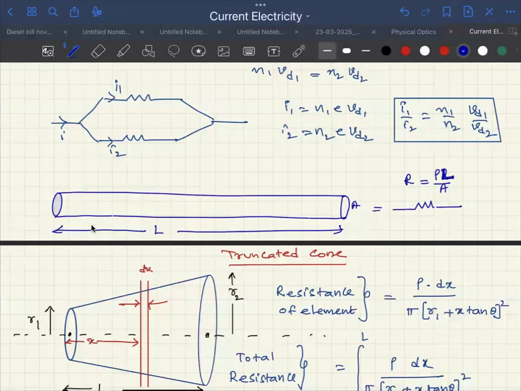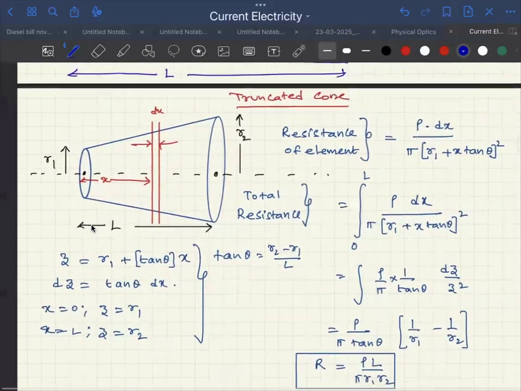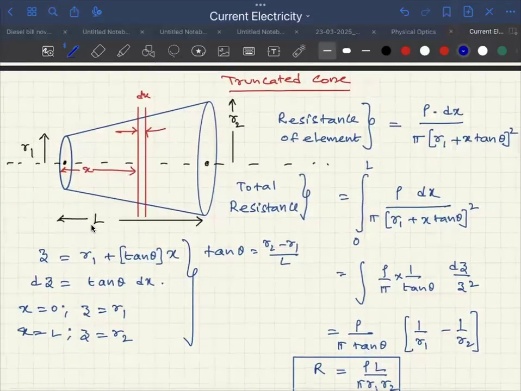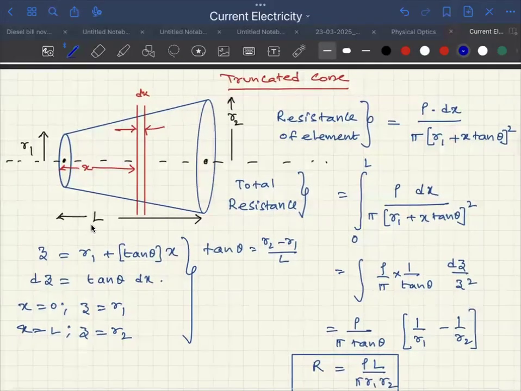What if the conductor shapes are different? What if the conductor is like this? Whatever I see here, I will treat this conductor like a cone, a truncated cone, cut perpendicular to the axis.